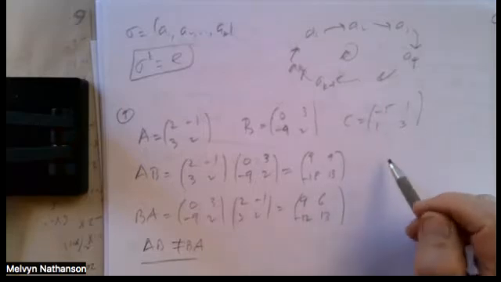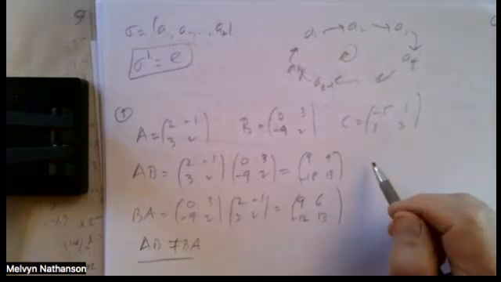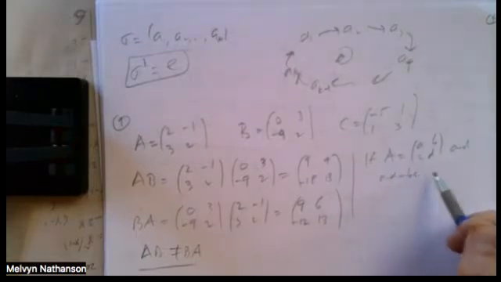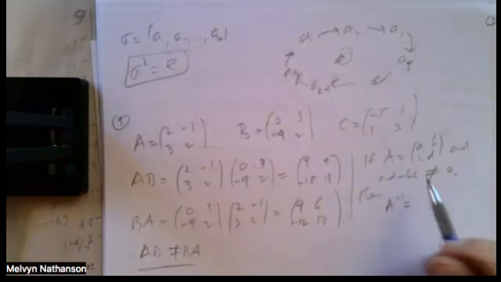What is A inverse and what is B inverse? So if A is the matrix A, B, C, D, and the determinant AD minus BC is not 0, then the inverse is, let me call this determinant delta, say.